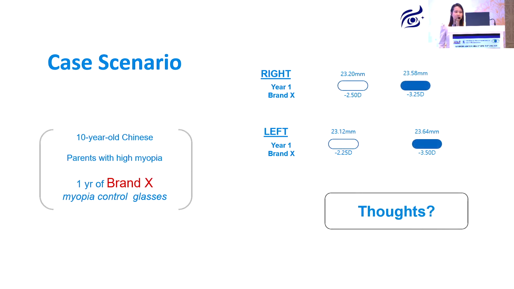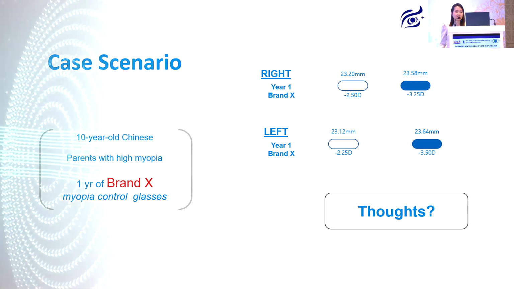When I saw the patient at the next visit, the patient had progressed to -3.25, -3.5 with a corresponding increment in axial length. So what are your thoughts in your practice if you encounter this patient? What will you do to manage? Will you add on atropine eye drops? Will you change myopia control treatment, say to myopia control contact lens, and so forth?